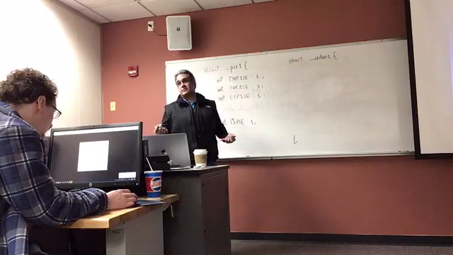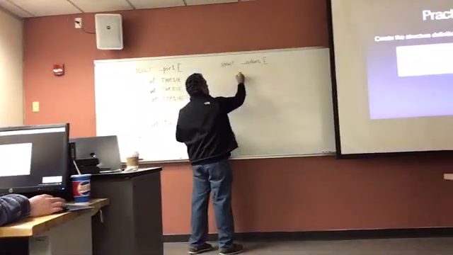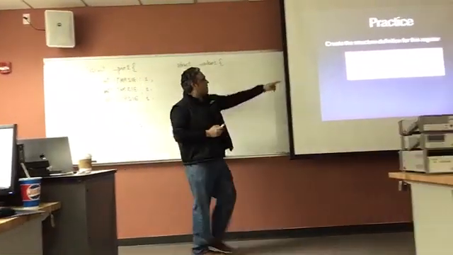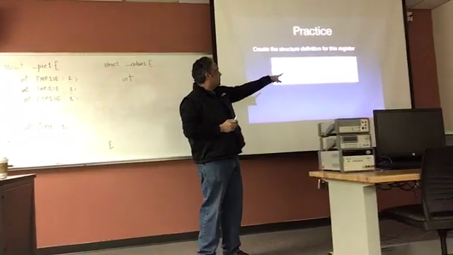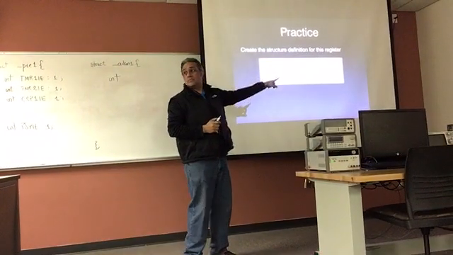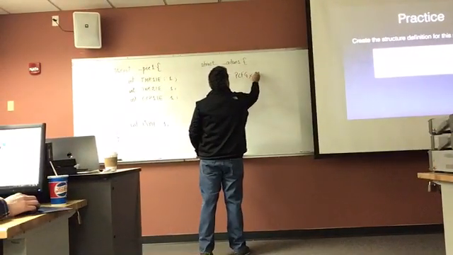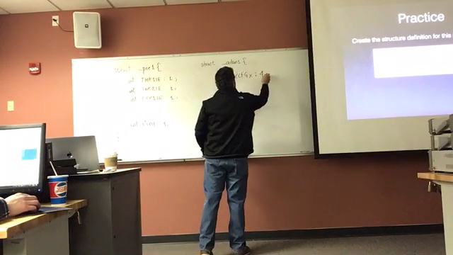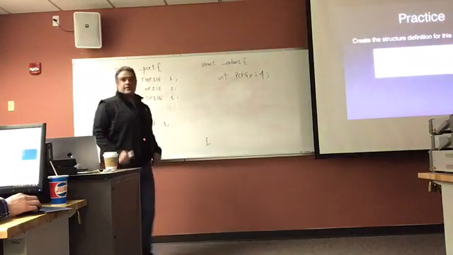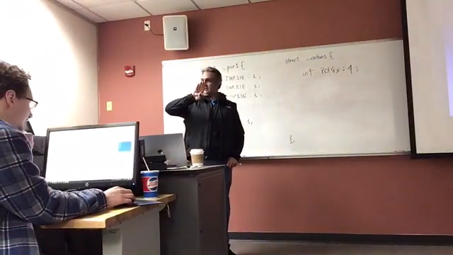We got to start with int, right? So we go int PCFG little x, right? So we go PCFG little x colon and then 4, right? And that gets those 4 together.